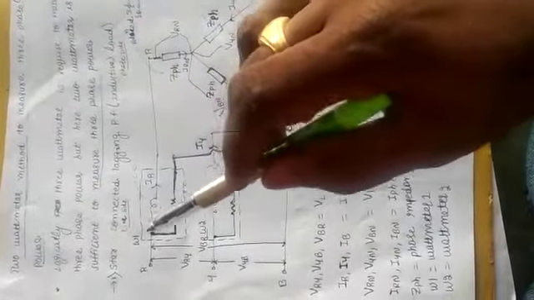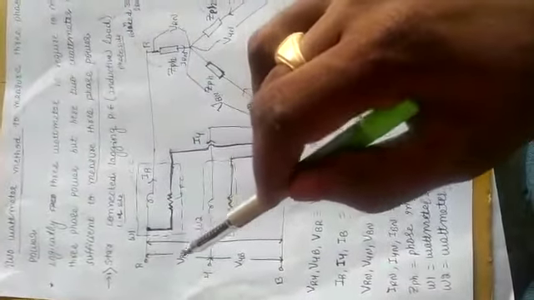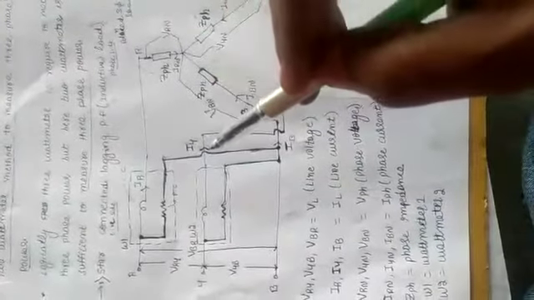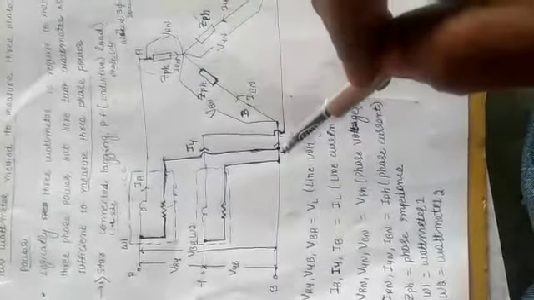In the line side you have the line voltages, that is VRY, VYB and VBR. Line currents are IR, IY and IB.